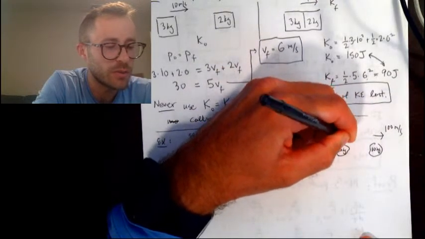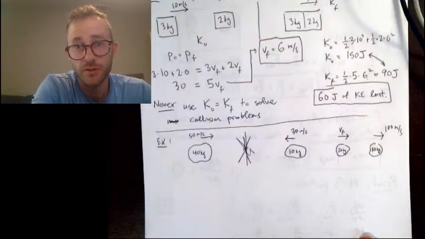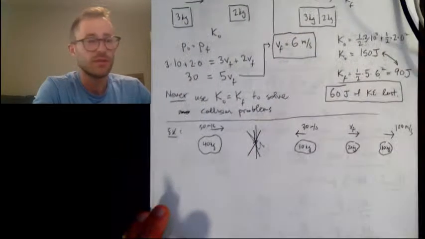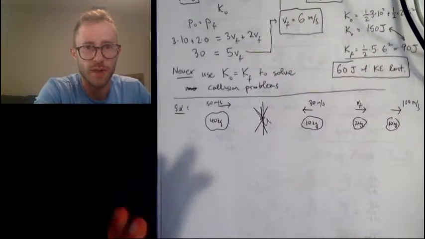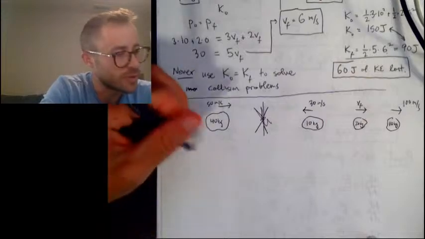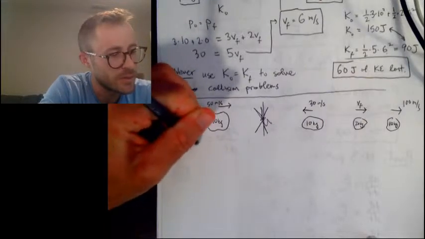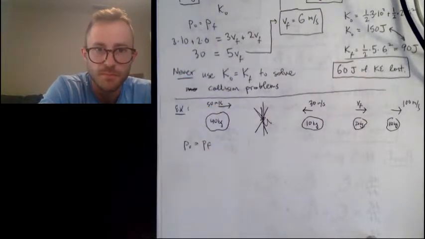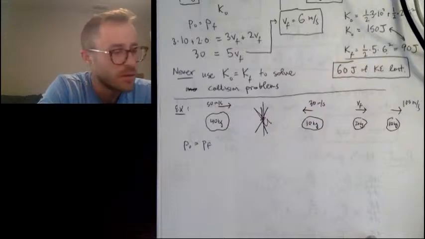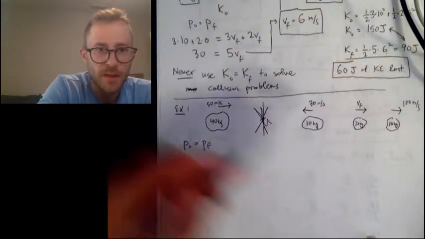What we want to know is the final velocity of the 20 kilogram chunk. This one is a lot simpler than the last question. We're just going to use P initial equals P final.